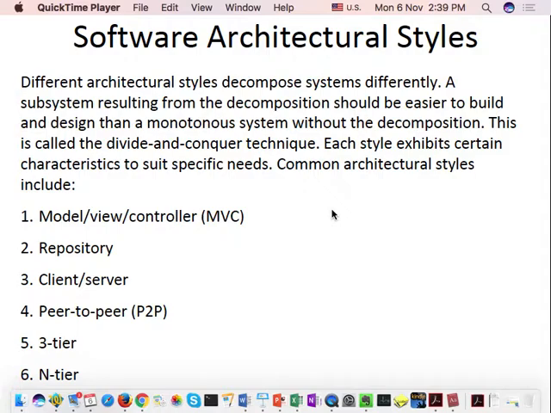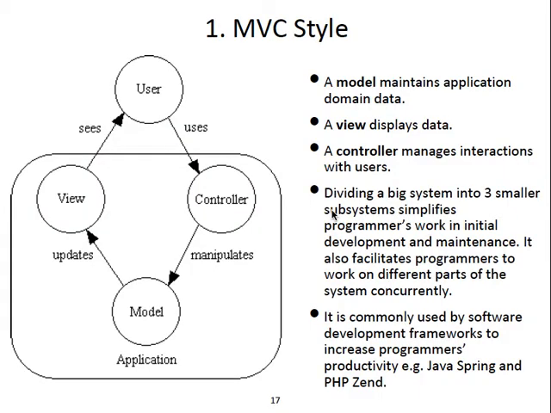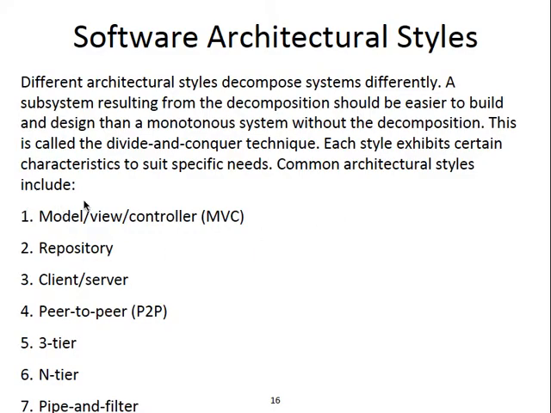These are some of the more common architectural styles. There are definitely more. Also, sometimes you can combine two architectural styles or modify them. So it's really up to you to change the basic architectural styles to meet specific needs.